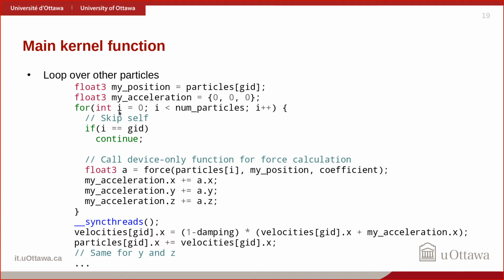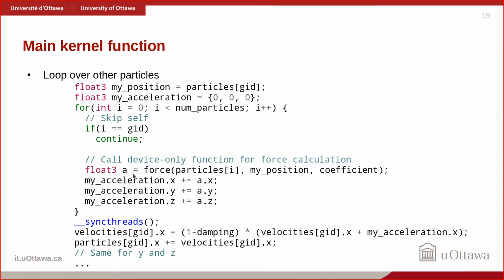And then I go over all the other particles, excluding myself, and I calculate the force between the other particle and the particle for this thread. And I put in the coefficient, which determines how strong the force is. And that gets me an acceleration.